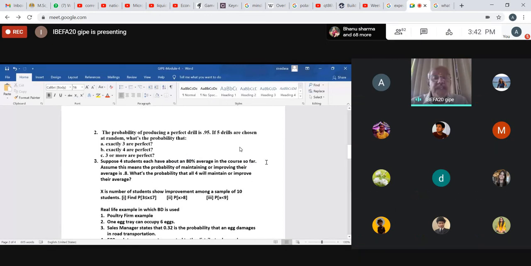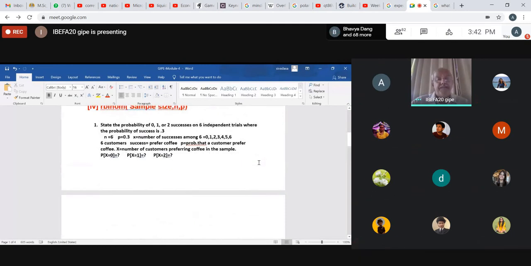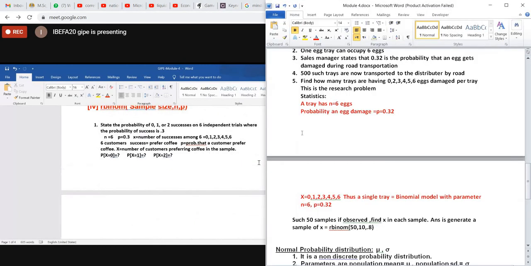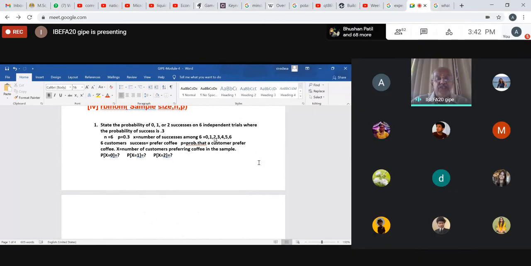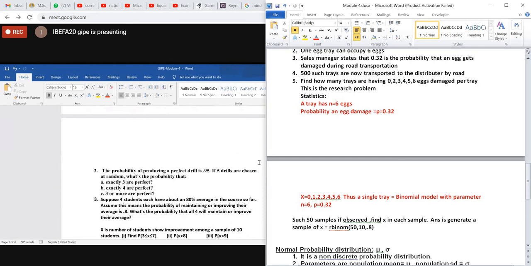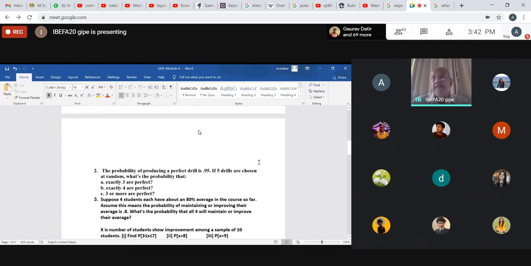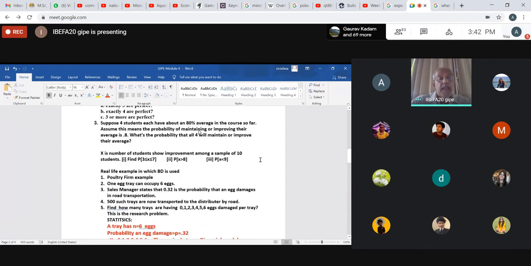In the first question, probability of preferring coffee is 0.3. Here, probability an egg is damaged is 0.32. Next question, a perfect drill is 0.95. Here, an egg damaged, 0.32. 0.8 is the probability a student maintained the grade.